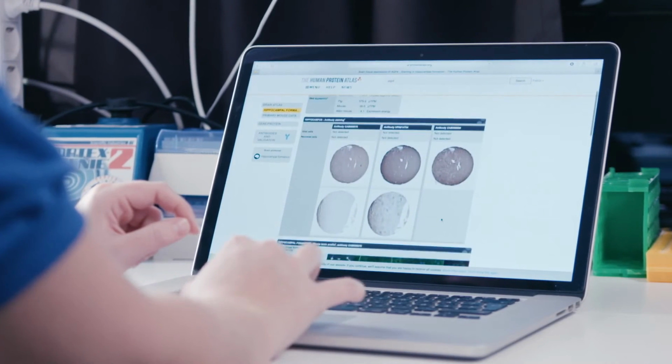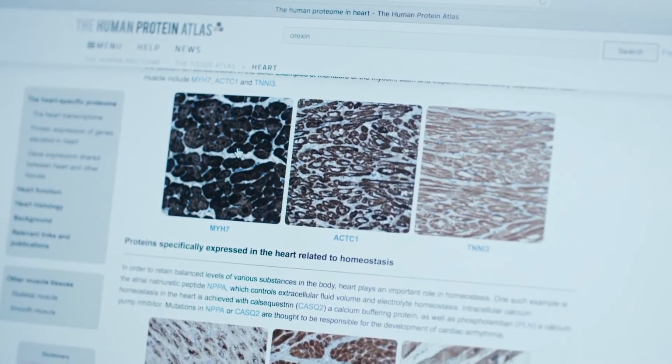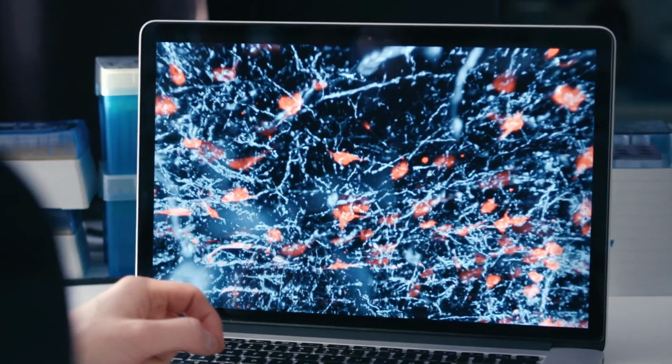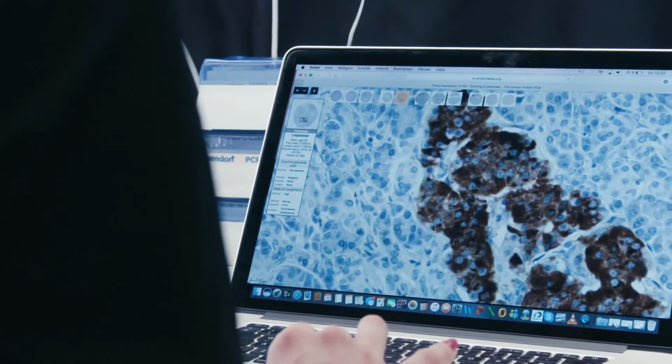And this unique resource is open to everybody. Every day, thousands of scientists are using this information to explore the molecular universe of our bodies, gaining deeper insights into the involvement of proteins in human biology and diseases.